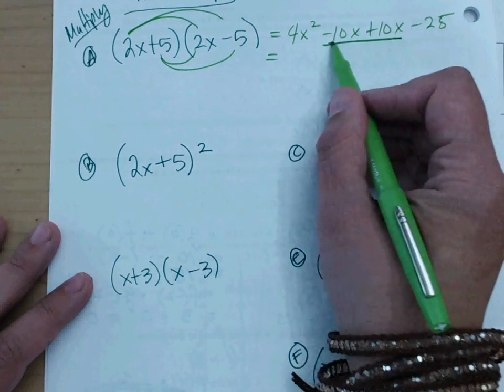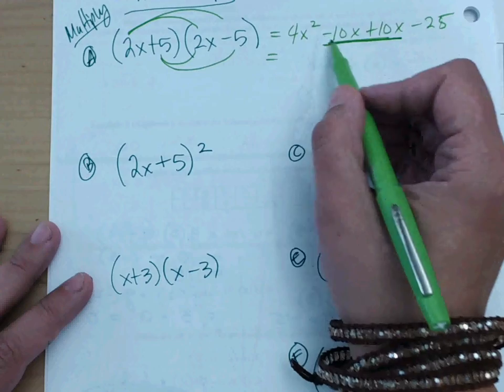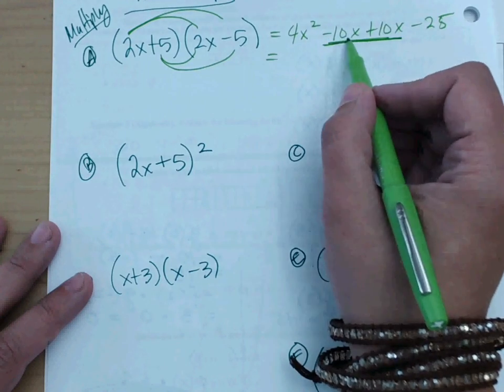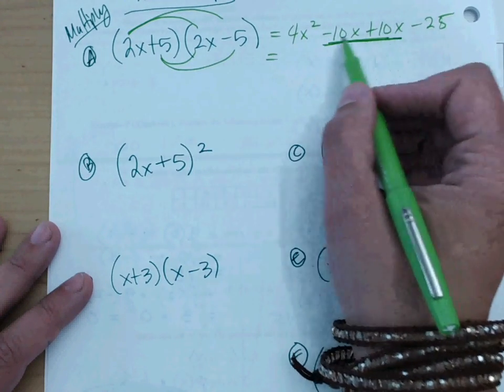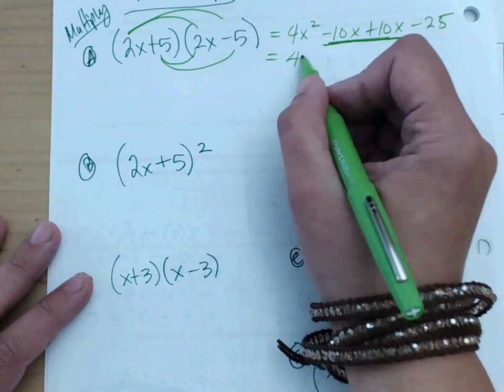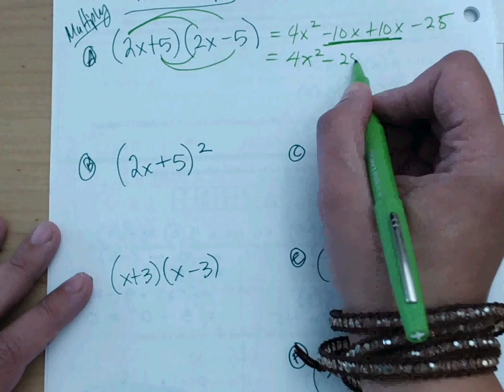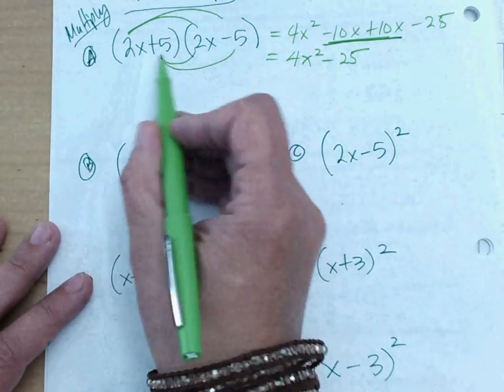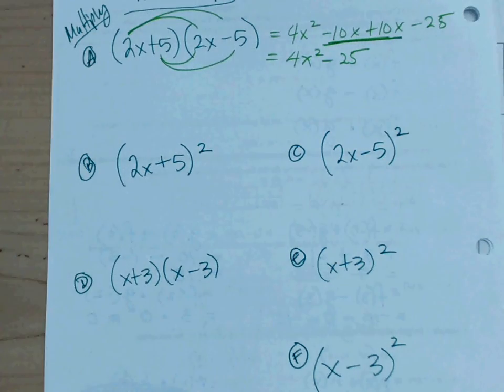Right, so these are like terms because they both have 10x, the variable x to the first power, so we have 4x squared minus 25. These two binomials look exactly the same, but what's the only difference?